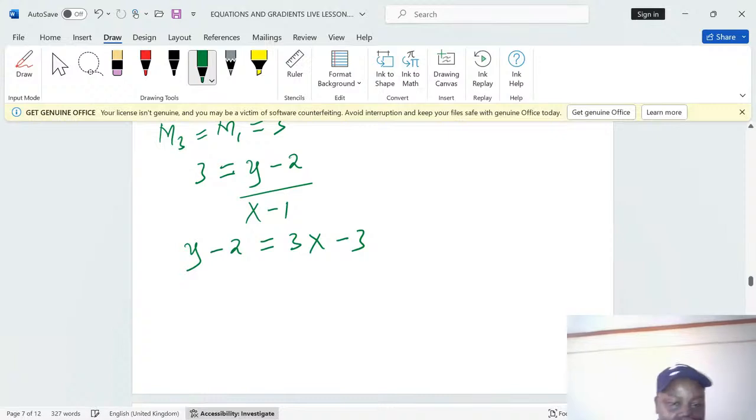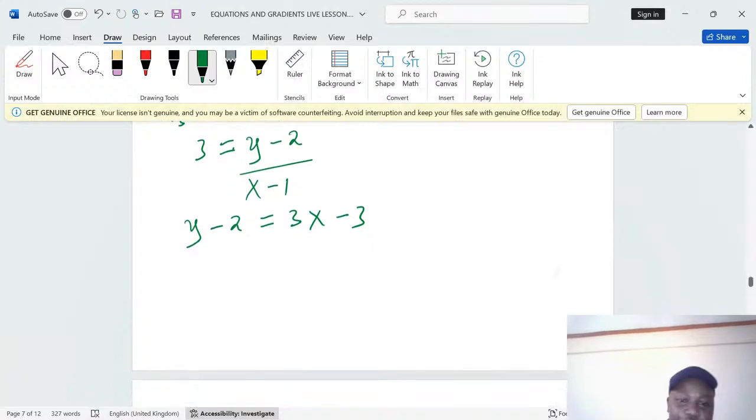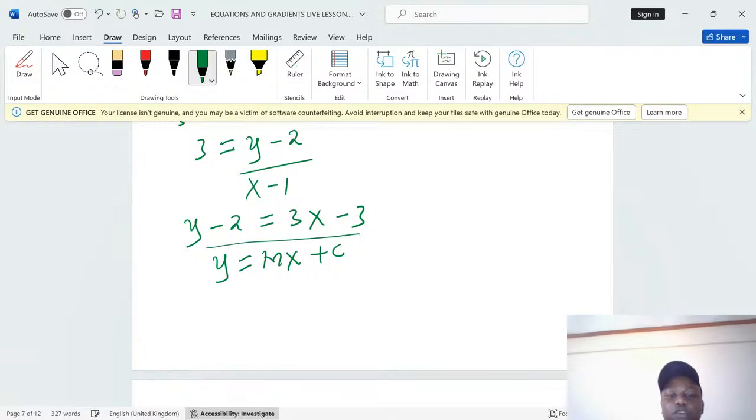And with this now, allow me first of all have the equation in the original form, which is y equals mx plus c. And now I will take you to the double intercept form so as to confirm what I will be arguing about the double intercept form.